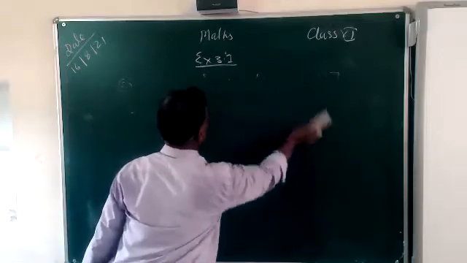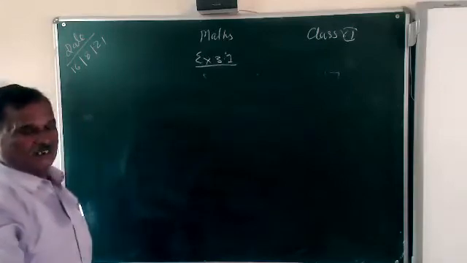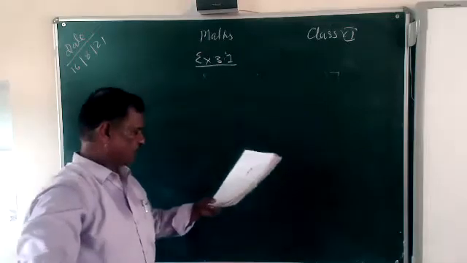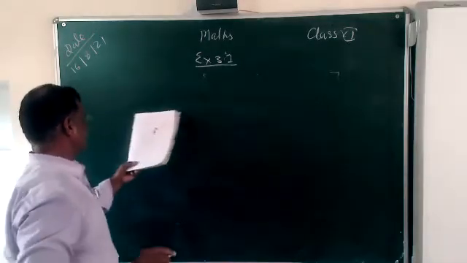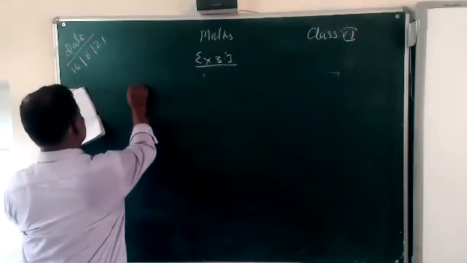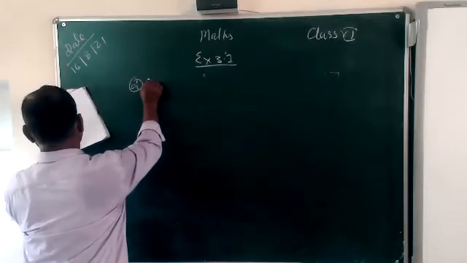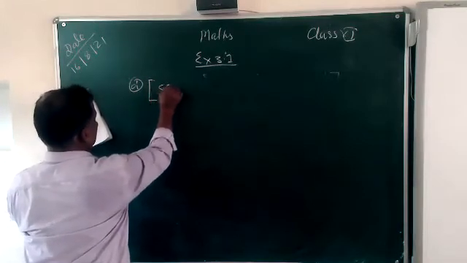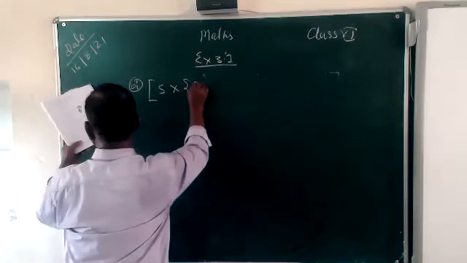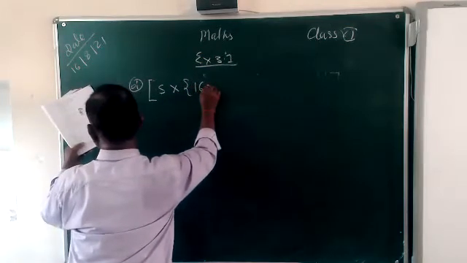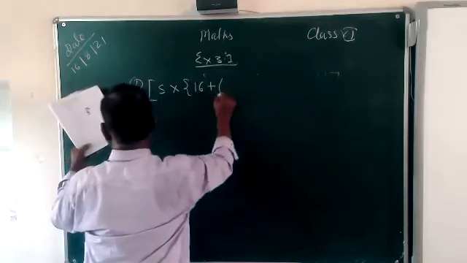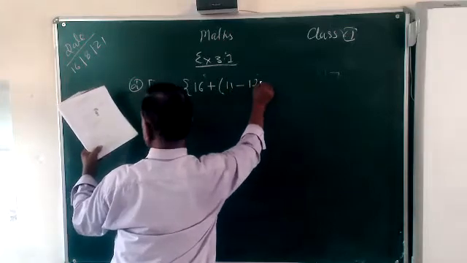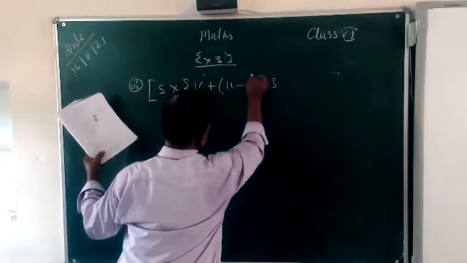Now next question is the real use of the BODMAS law. According to the BODMAS law, every question you can solve. Whatever is given here, that question you can solve by using the BODMAS law. That is given in the big square bracket or big bracket 5 into, in curly bracket 16 plus, in common bracket 11 minus 12 minus 3 in bar bracket.